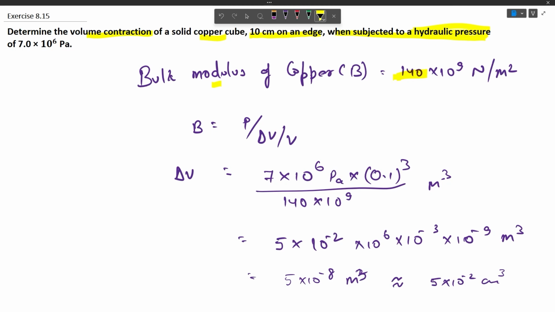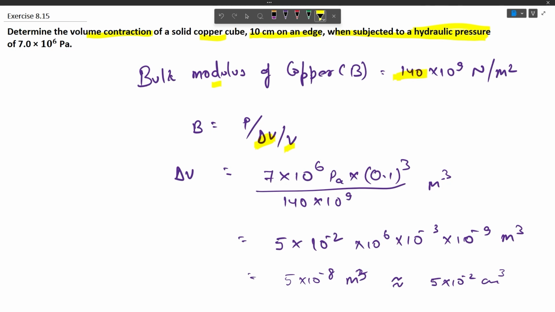per meter square. Now the bulk modulus is defined as the hydraulic pressure divided by the fractional change in volume. In this fractional change in volume, delta V is the change in volume and V is the initial volume.